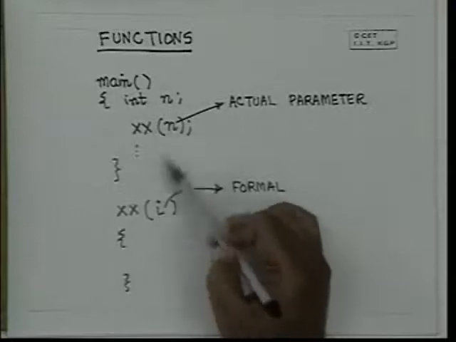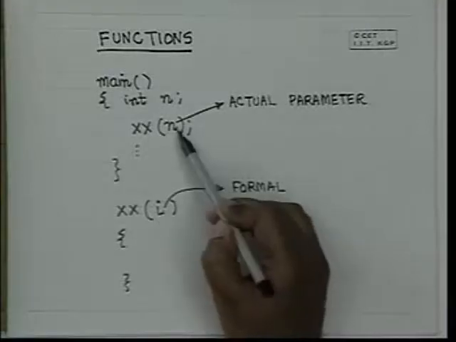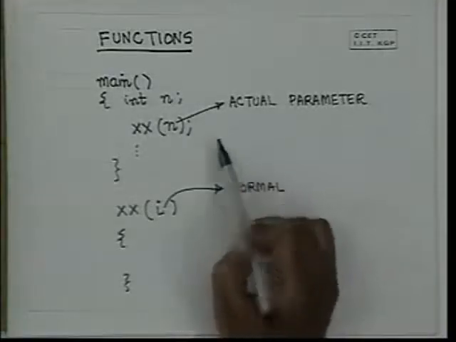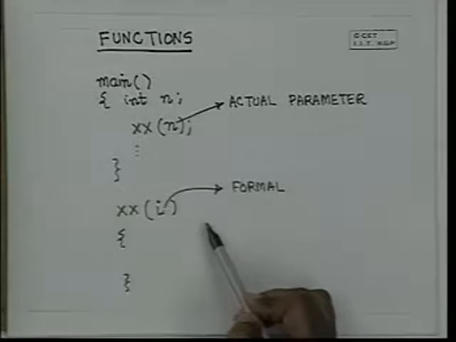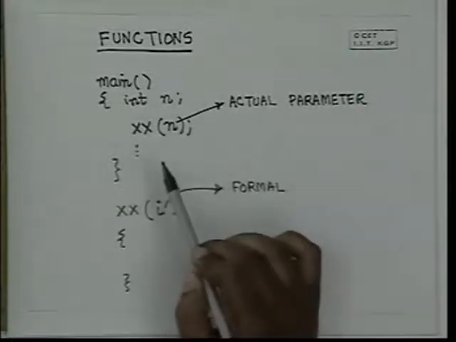The type of the two must match. If the types do not match, there will be problems. Obviously, you can have more than one parameter, and here also you must have the same number of parameters. You cannot have less or more. And their types should match in a one-to-one fashion. This is well known. So now let us see through an example what happens in a C program function.